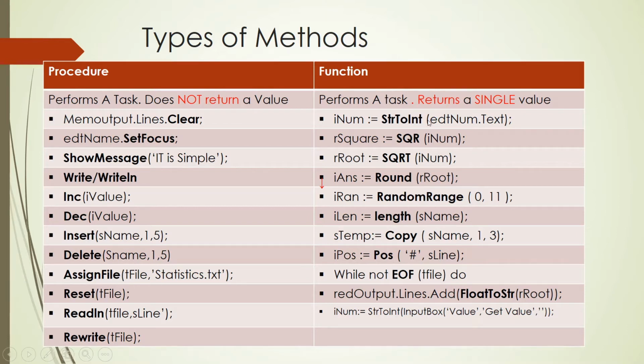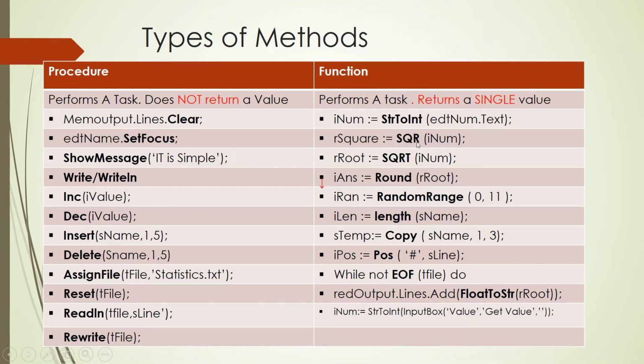So all StrToInt did was take the input from the user via the edit box and convert it into an integer. We used SQR, SQRT, we used round and RandomRange, and all these functions we used in the math unit. So SQR, all it did was return the square of the value stored in iNum.